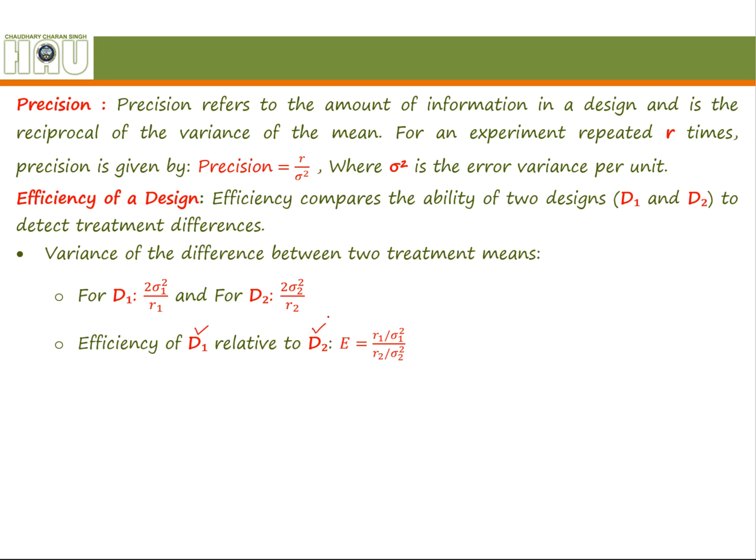So you put this in the denominator: twice sigma 2 square over R2, and in the numerator twice sigma 1 square divided by R1.